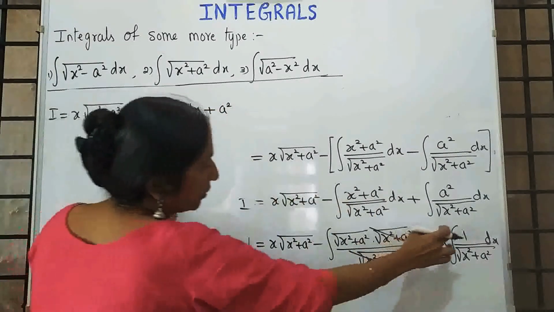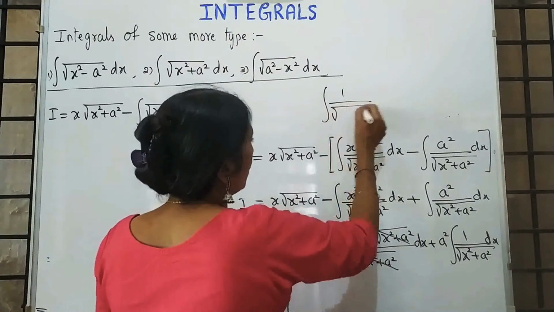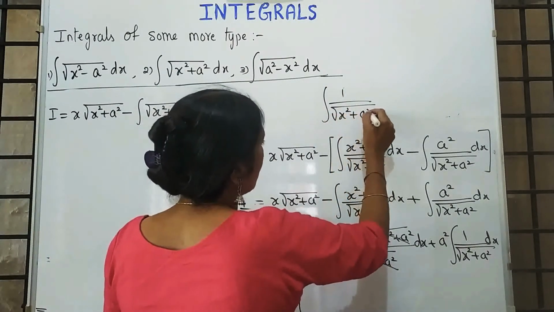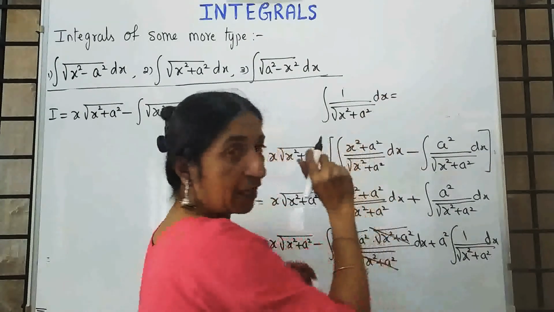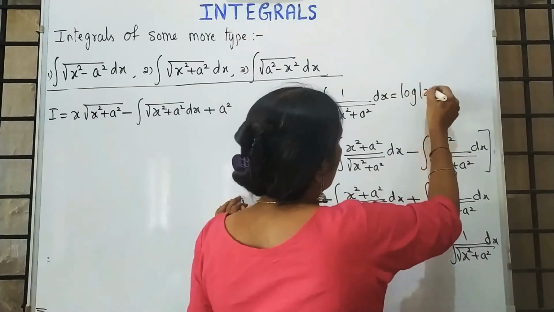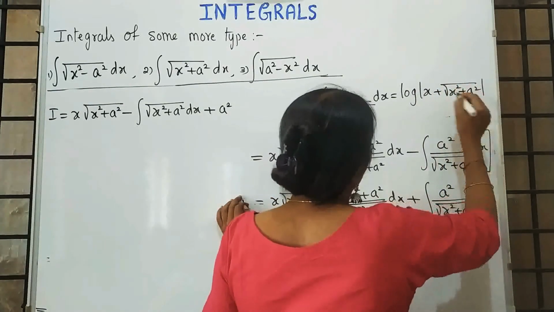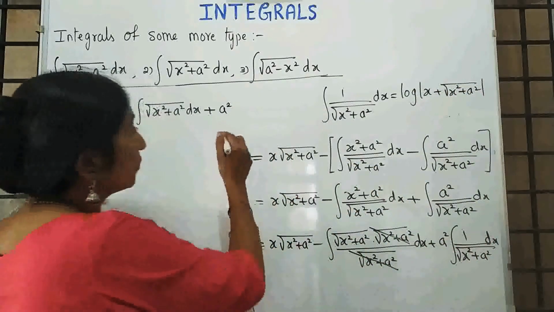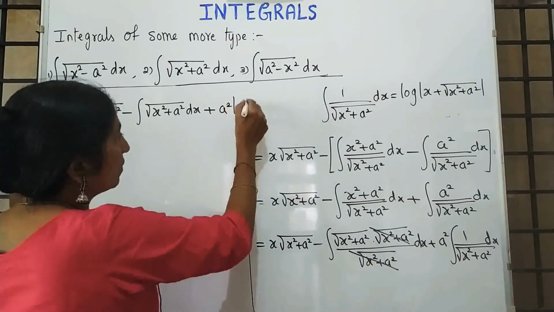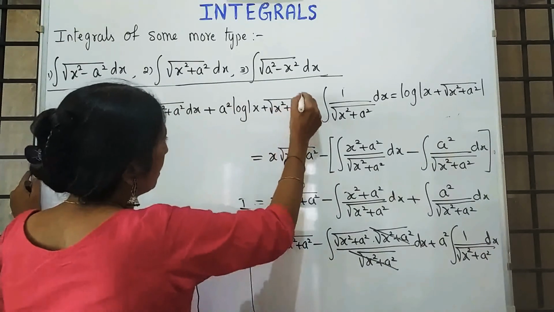What is the integration of 1 upon root of x square plus a square into dx? Yes, have you remembered that formula? It is log of x plus root of x square plus a square plus c. So it is log of x plus root of x square plus a square.